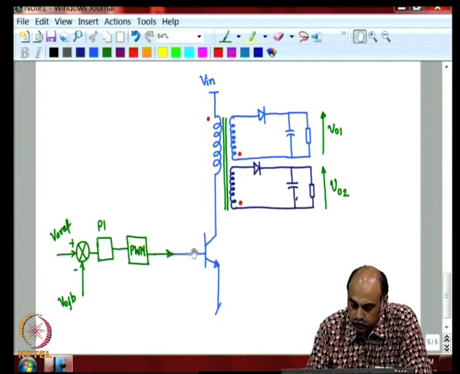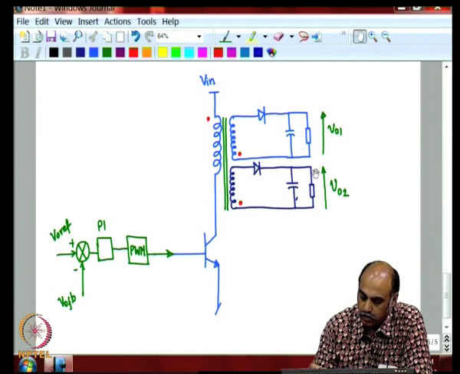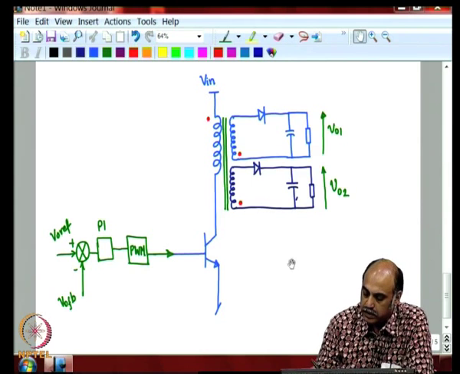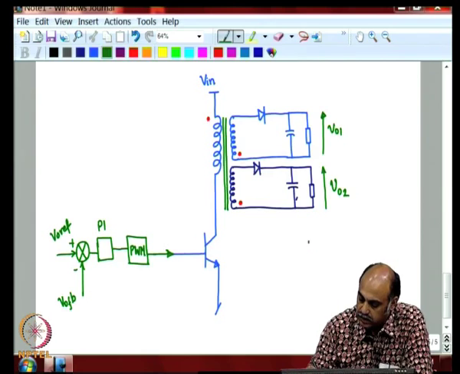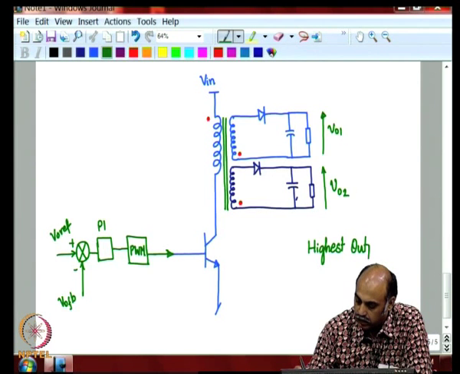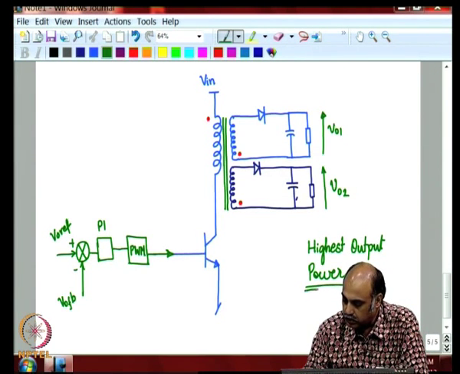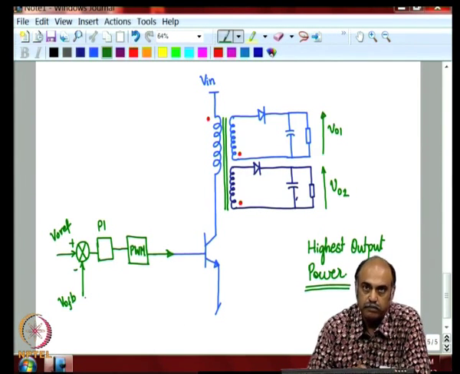So, with one control input, you can control only either this or this. So, normally we take that particular output which is having the highest output power. That output which has the highest output power is the one which would be fed back.